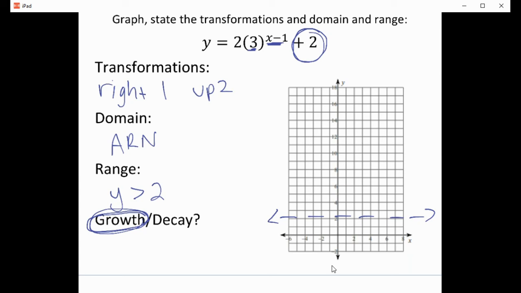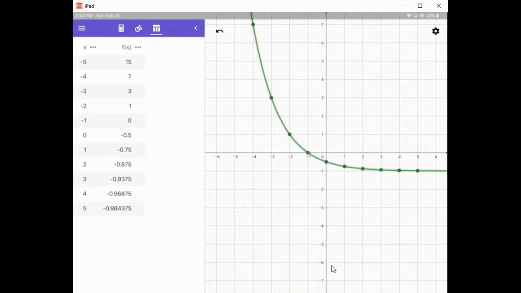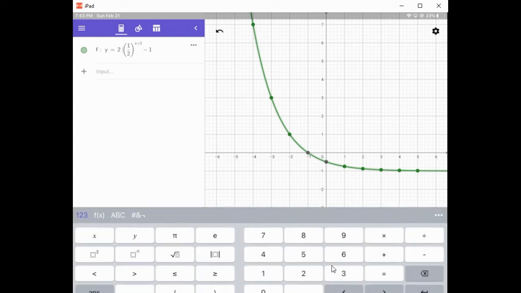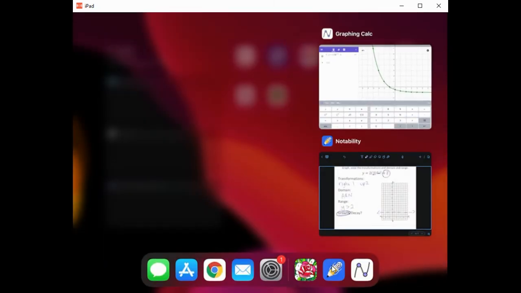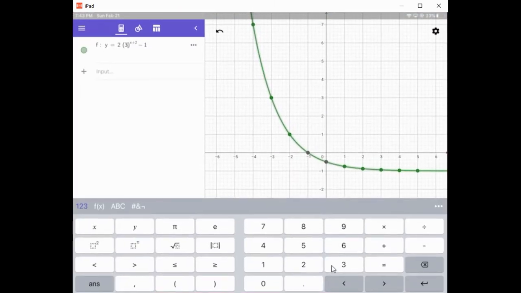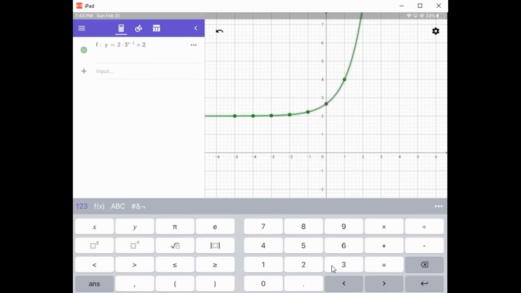So to figure out the points to plot, I'm going to go back to GeoGebra. I'm going to change this. Instead of 1/2, it was 2 times 3 to the x minus 1, plus 2. I'm going to hit enter.